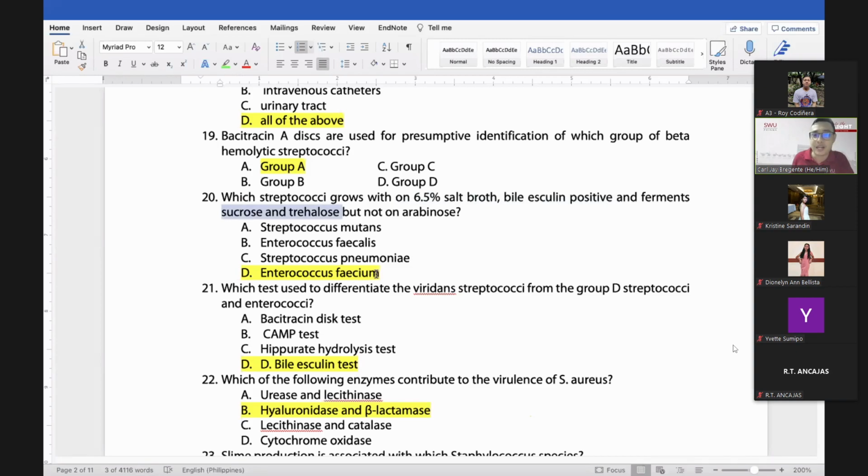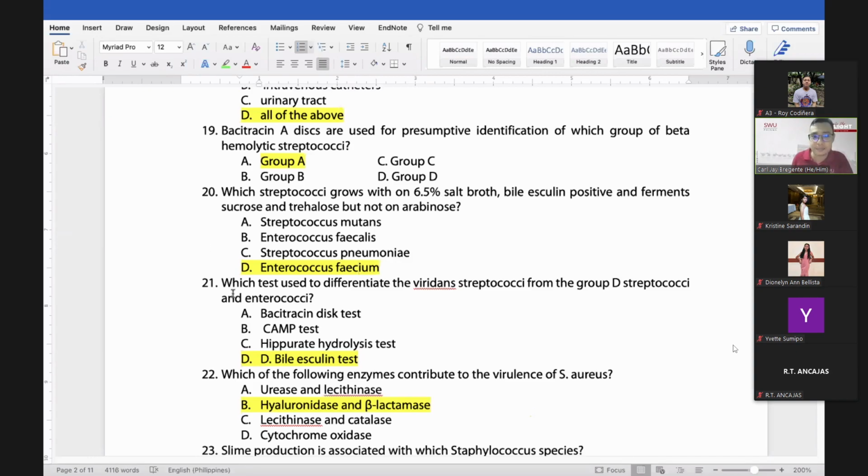But if class, it fermented all of them, sucrose, trehalose, and arabinose, then that is faecalis. Again, if 6.5 salt broth, bile esculin positive, think of Enterococcus. Since you are given sugars, sucrose and trehalose only, then that is faecium. If all three are fermented, then that is Enterococcus faecalis.